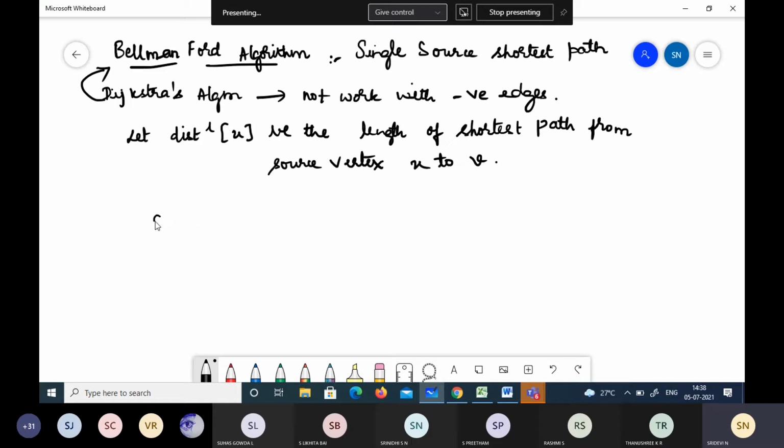So we will have to compute the distance with n minus 1 edges for a particular vertex U.